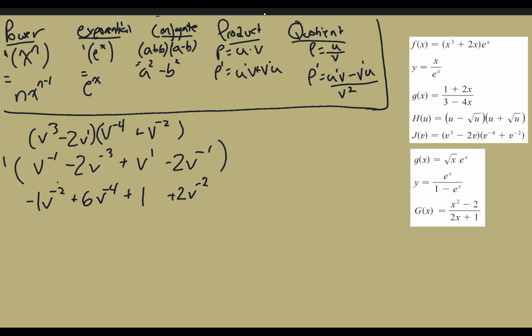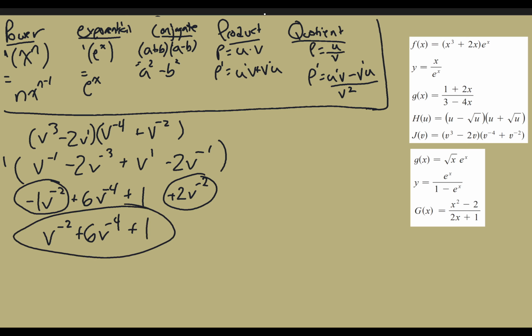So far, so good. I want to combine these because I can. Negative 1 plus 2, of course, is 1, so that's going to be v to the negative 2 plus 6v to the negative 4 plus 1. That's our answer right there.